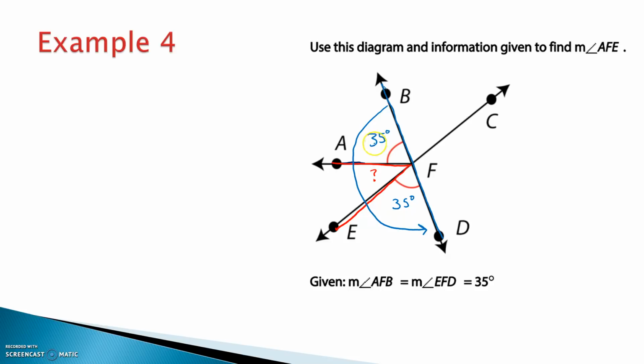In other words, I have 35 plus my unknown in the middle, question mark, plus my other 35. That opens up to give me 180 degrees. Well, let's combine like terms real quick, guys. 35 plus 35 is 70, plus my question mark, is equal to 180.